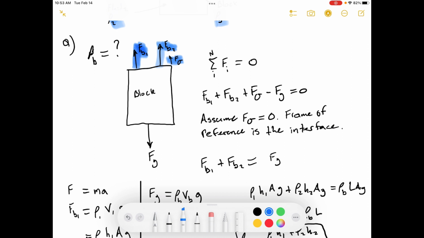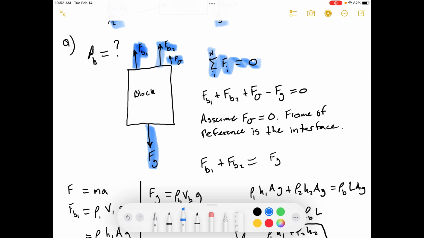Then finally we have the weight force pulling the block down, its own weight due to gravity. The sum of these forces needs to equal 0 because the block is not moving. If the sum of the forces were not 0, then the block would not be at equilibrium and it would be moving in the fluid. It would either be rising up or sinking down in the fluid. But we know that it's totally stationary. So all the forces have to be 0.